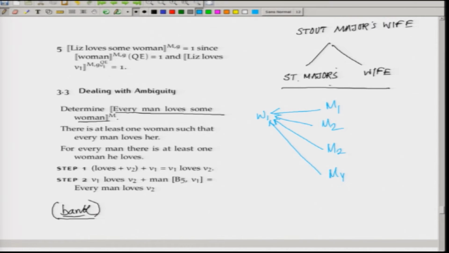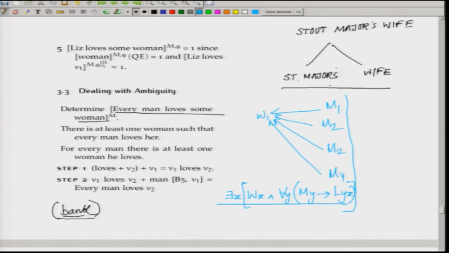This is one picture. So what is the interpretation here? You can very well see that if we want to translate this into the language of logic, it will be something like: there exists an x such that x is a woman, and for all y such that y is a man, L y x. This will be the symbolic meaning for this.